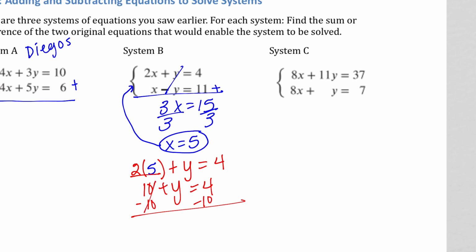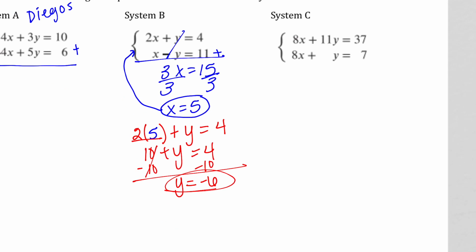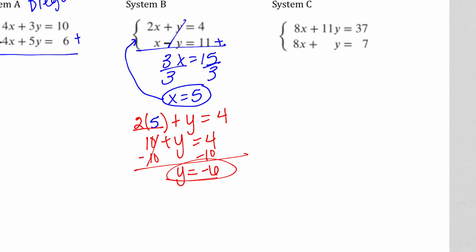What does y equal? -6. And I want my final answer to be a coordinate because we have x and y. So we're going to put (5, -6).